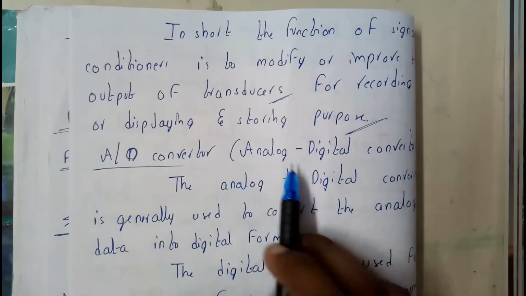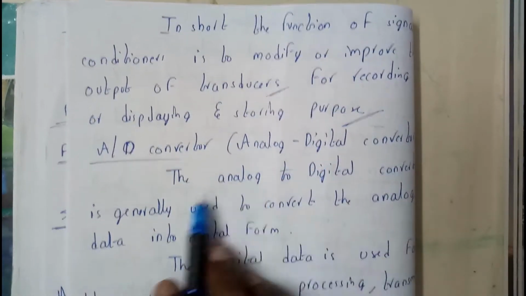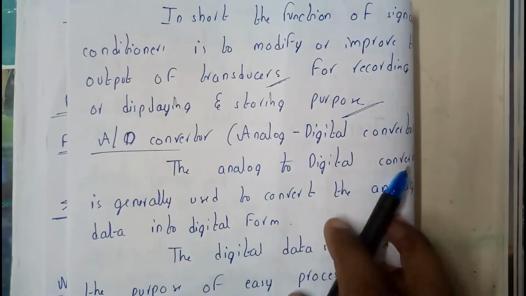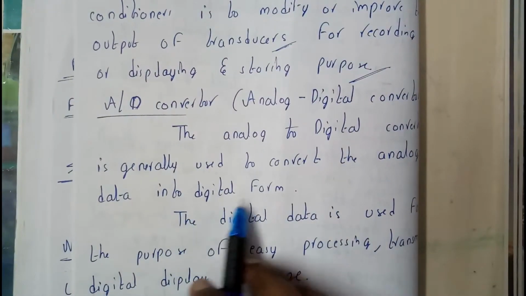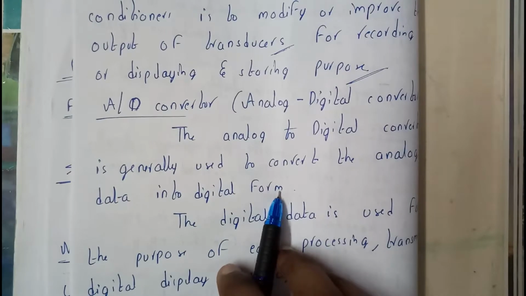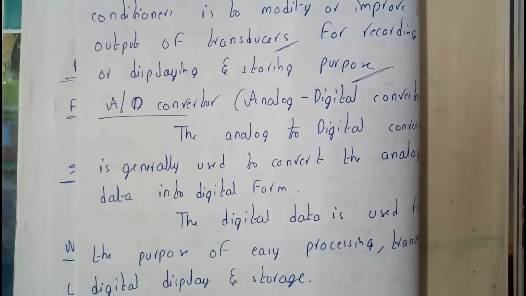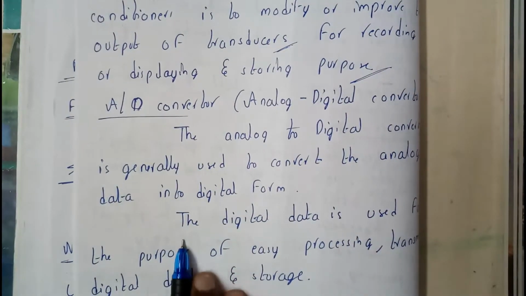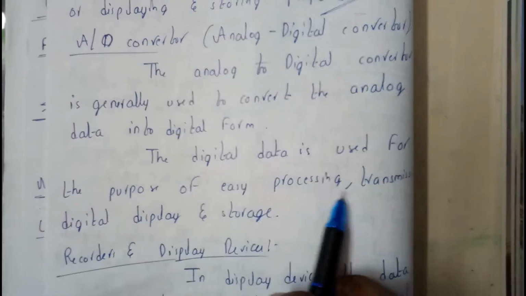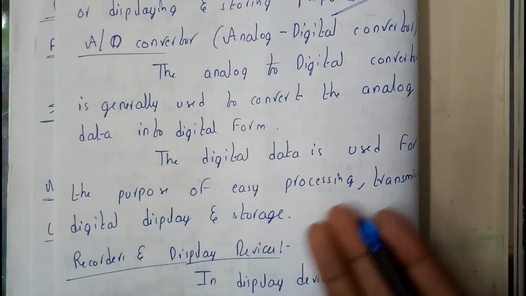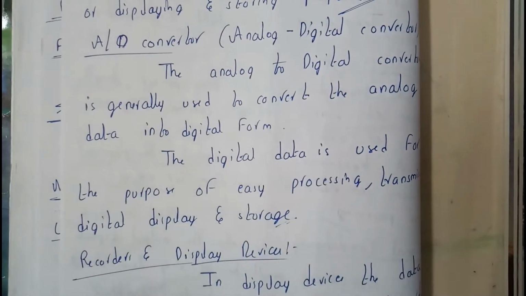Now let us go through the analog to digital converter. The analog to digital converter is generally used to convert the analog data into digital form. Further, the digital data is used for easy processing, transmission, data storage and comparison, guys.